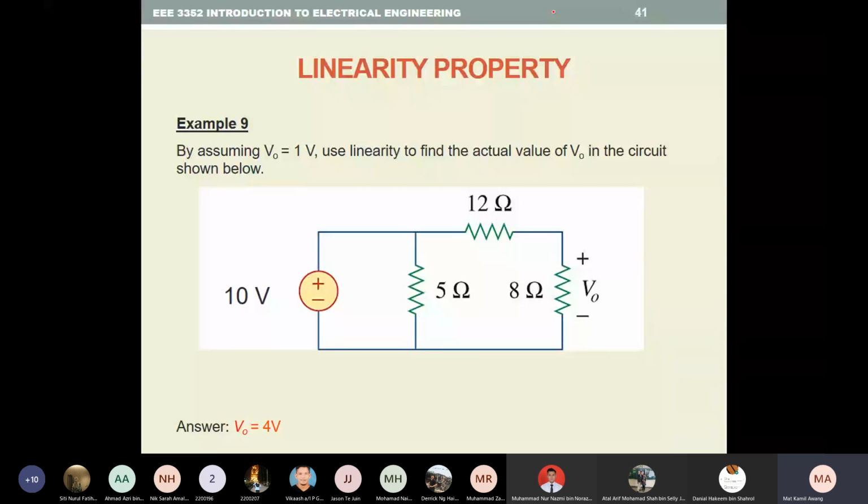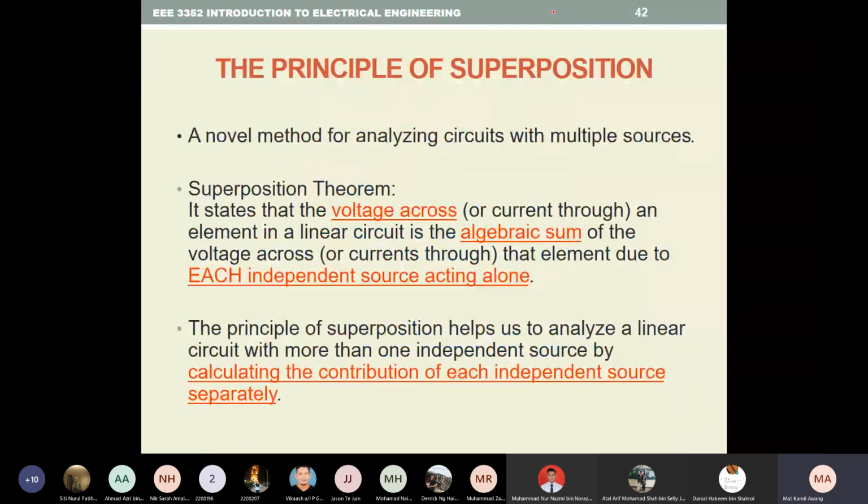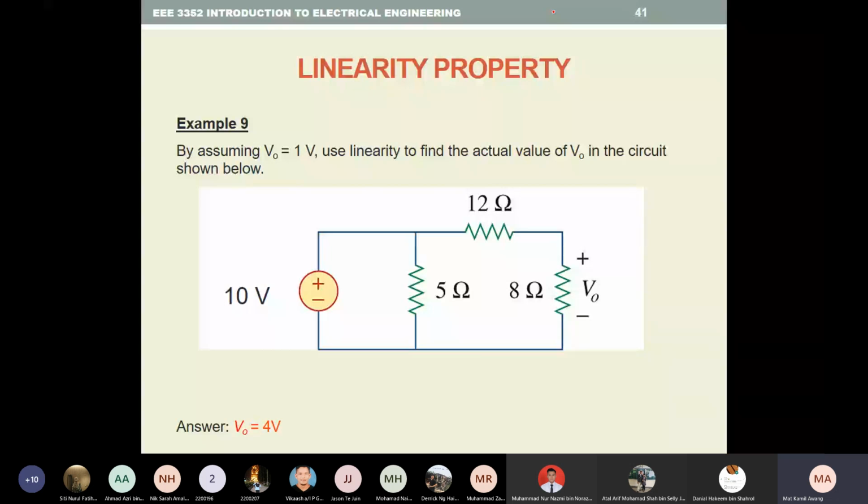How do you find this? You can use the linearity property to find the answer. What is the actual value for V0?